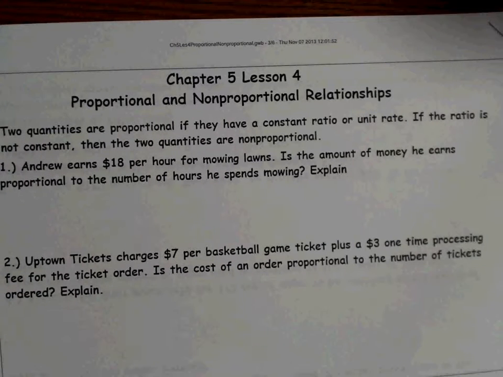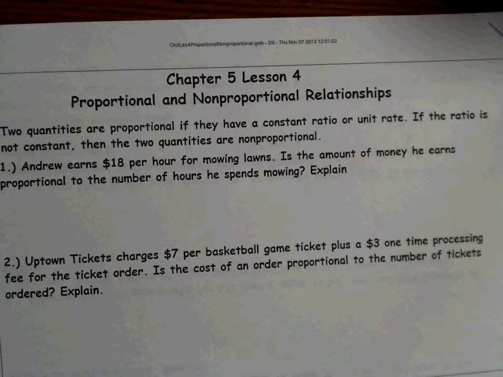All right, so we're talking about proportional and non-proportional relationships today. When we're talking about proportionality, that means that you have a constant ratio, otherwise known as a constant rate of change. We know it right now as a unit rate.